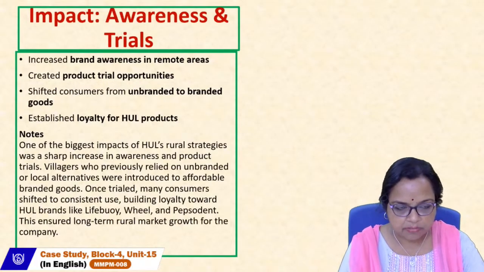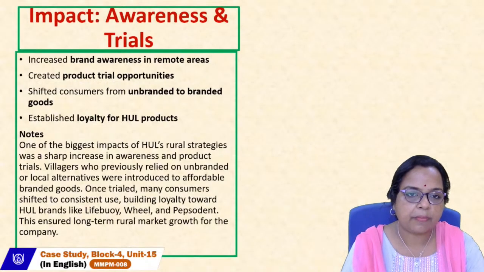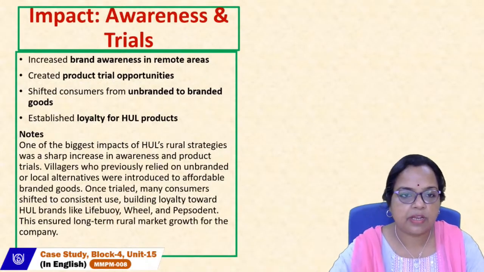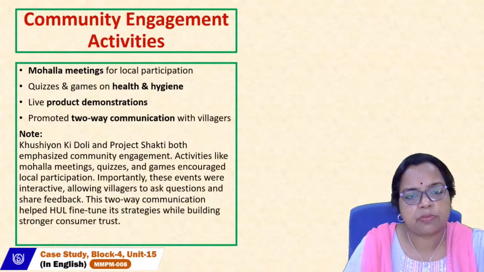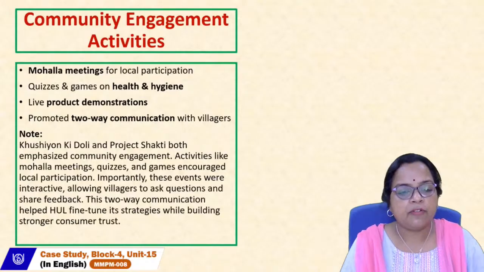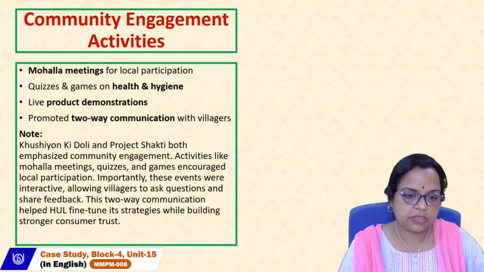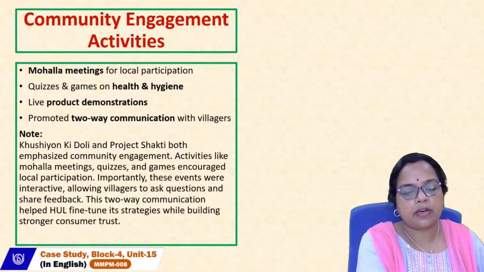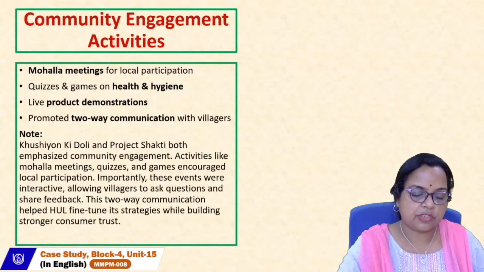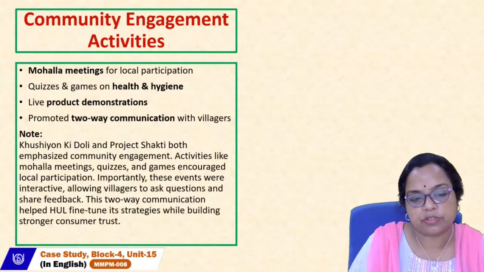They addressed a mass, not the individual family, and slowly they reached the level where the company is doing community engagement activities and involving the direct consumers in product trial processes, and also receiving direct feedback from the consumers.